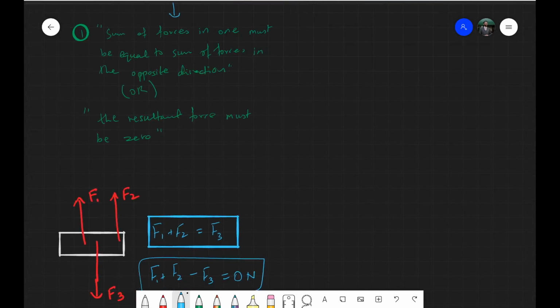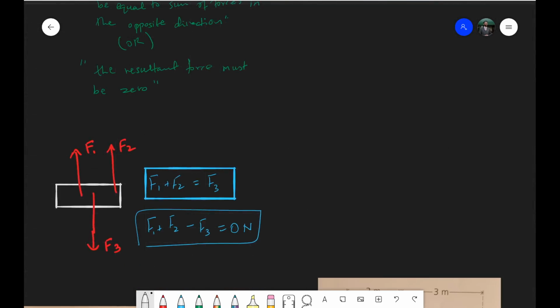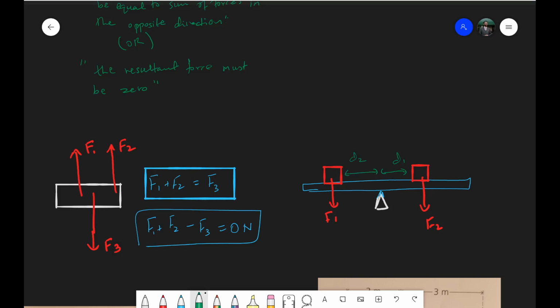So what we are saying is that if this is a prism and there is a rod placed on it, and there are a bunch of weights acting, let's call this F1 and this F2, and you are given distances from the pivot, let's call this D1 and this D2.